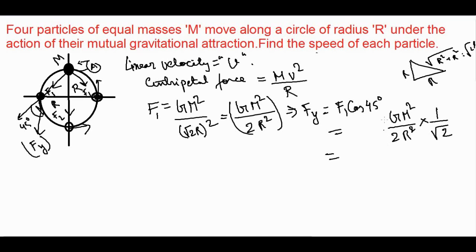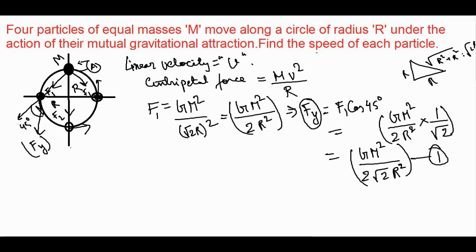So this entire thing is equal to G m square by 2 root 2 r square. I will take this as 1. The reason I am taking the y component is that the y component is responsible for this centripetal force, not the x component. So I have got F1, and this is also equal to F2, because this is the force due to this particle. I have named this as F1 already, so I won't have to write this again.